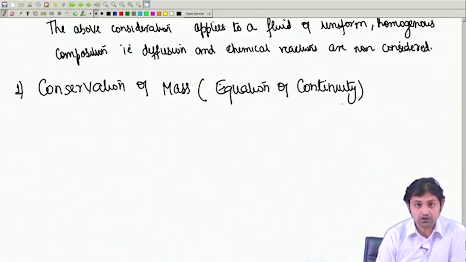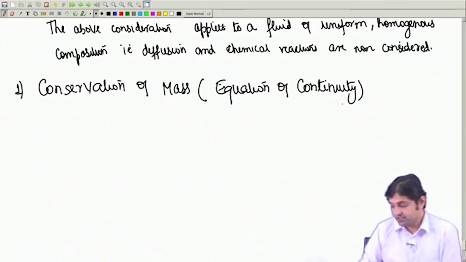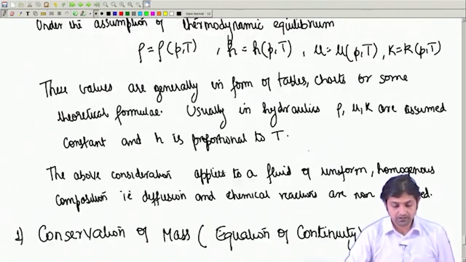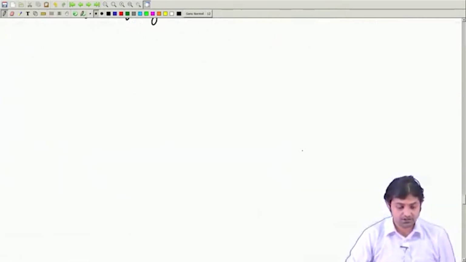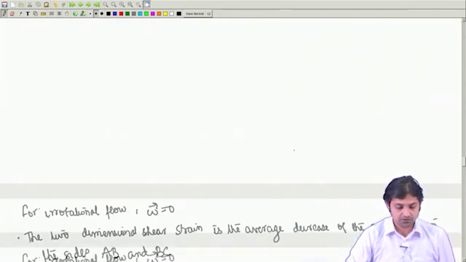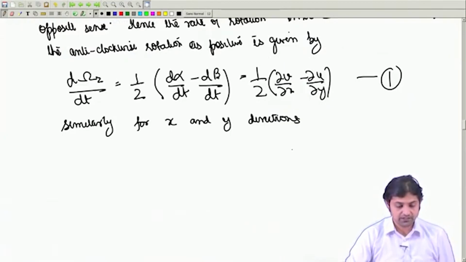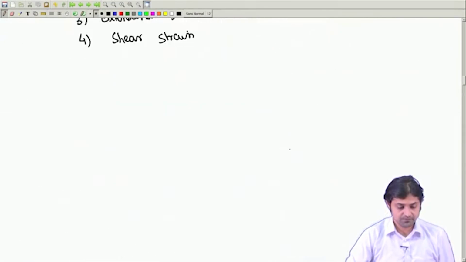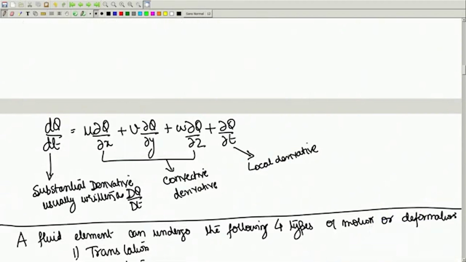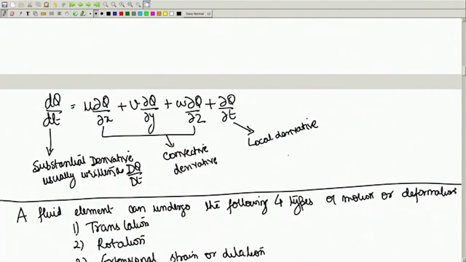Actually all the three laws for the derivation require the particle derivative or substantial derivative or the material derivative, which we have already seen in our previous lectures. Here, the material derivative of any quantity q is written as dq/dt equals del q by del t plus u del q by del x plus v del q by del y plus w del q by del z. So this is the material derivative.